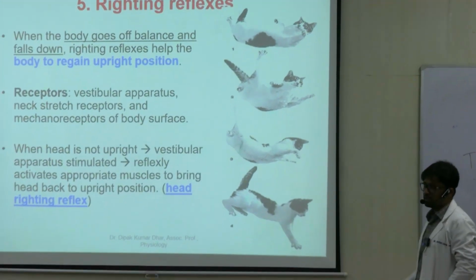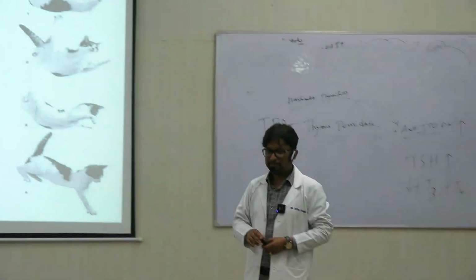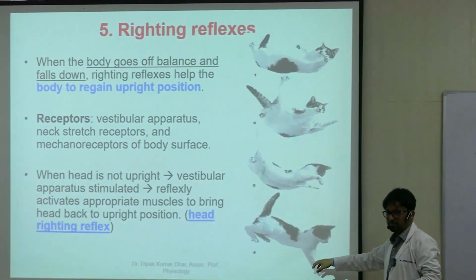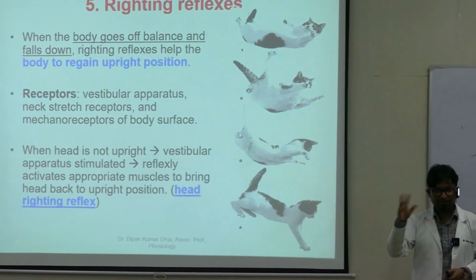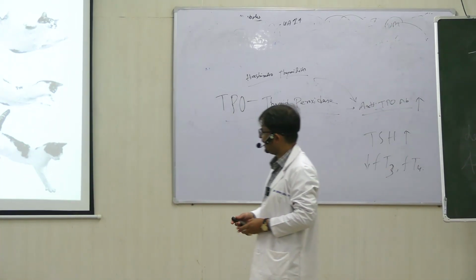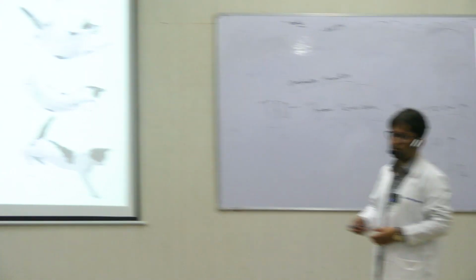If you have observed this, any way you throw a cat, it will always land like this, right? The righting reflexes are so functional in a cat that in mid-air it corrects its posture.